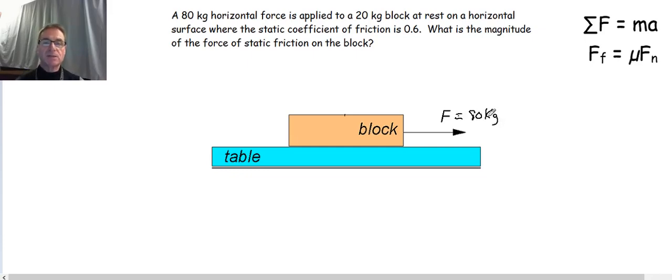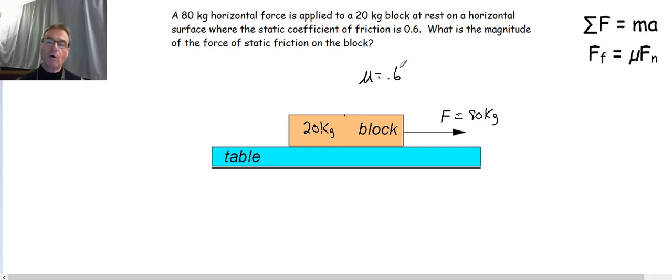It's applied to the 20 kilogram block, which is at rest on a horizontal surface. The static coefficient of friction is 0.6, so mu equals 0.6. What's the magnitude of the force of static friction on the block?